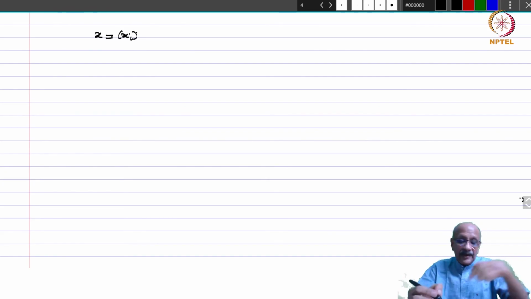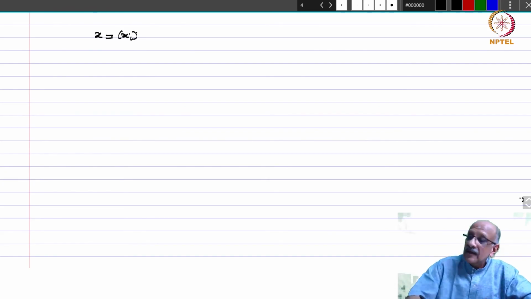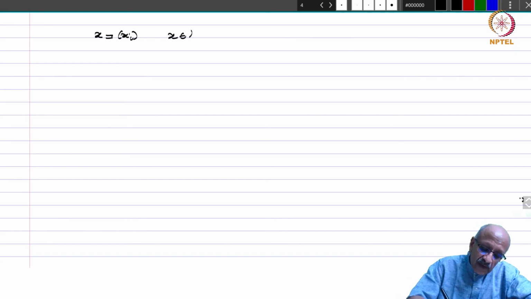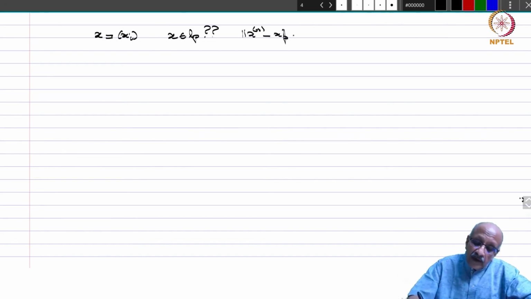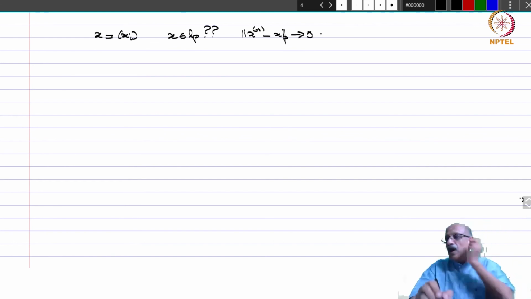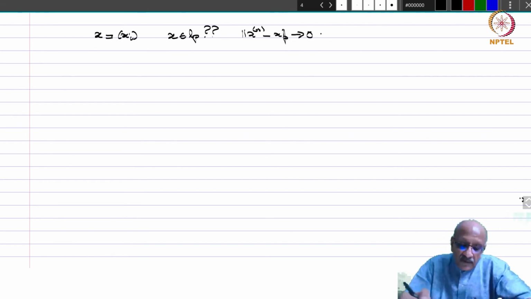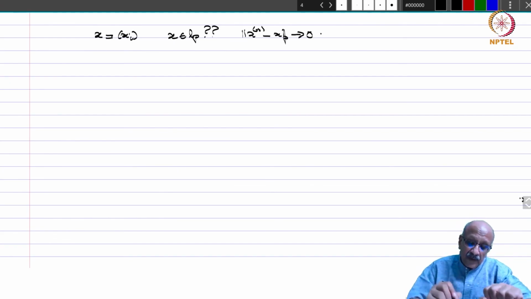So here is a candidate. So we want to know if the candidate is eligible. That means you have to answer two questions. So is x in l^p, and then does ||x_n - x||_p go to 0? If you answer both these questions in the affirmative, that means every Cauchy sequence is convergent, and therefore l^p would be a Banach space.